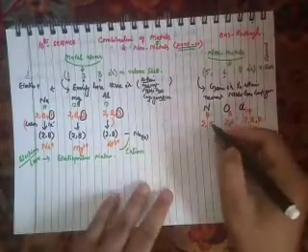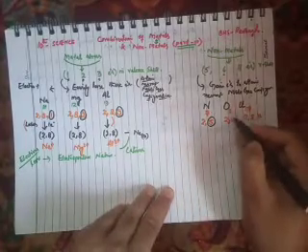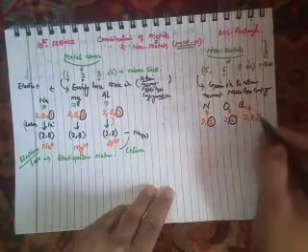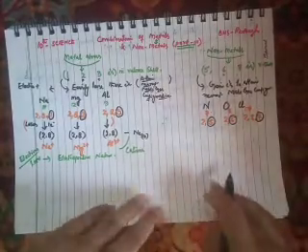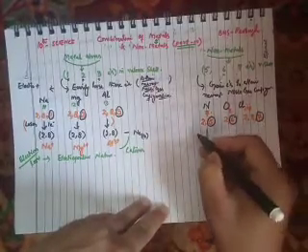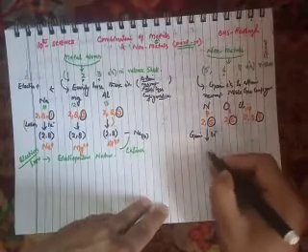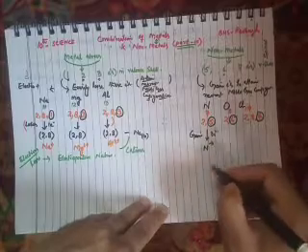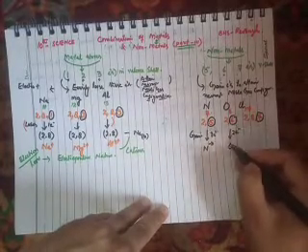So dear students, nitrogen contains 5 electrons in its outermost shell, oxygen contains 6, and chlorine contains 7. So this nitrogen atom gains 3 electrons and forms N3-. Oxygen gains 2 electrons and forms O2-.